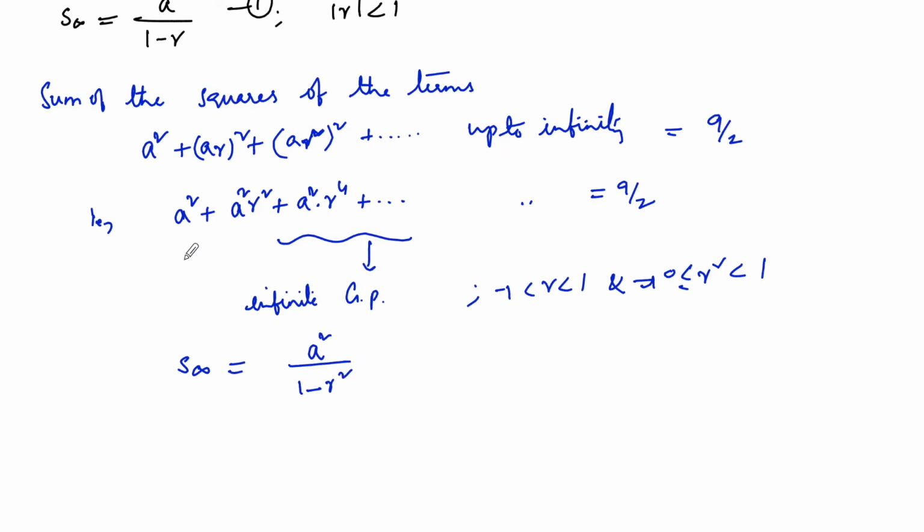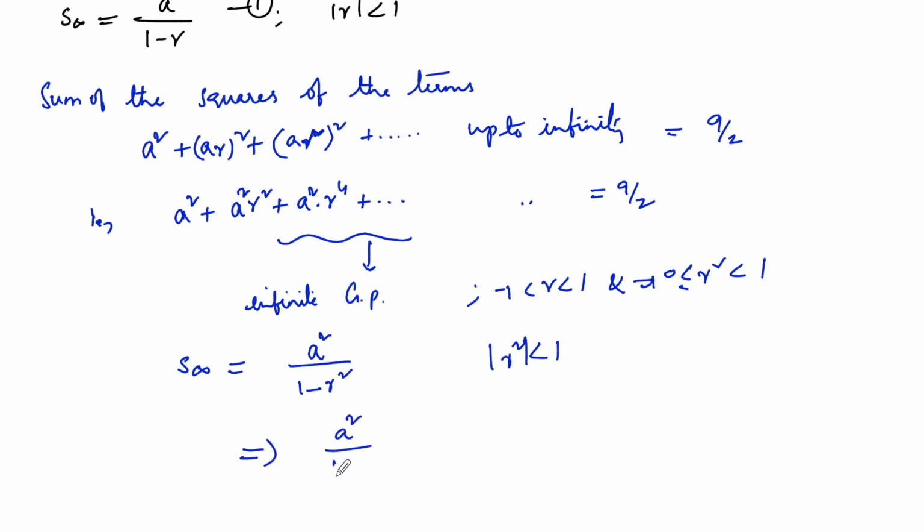So here the first term is a square and the common ratio is r square, and we can apply the sum to infinity since |r square| is less than 1, that is 0 to 1, and this is equal to 9/2, given.